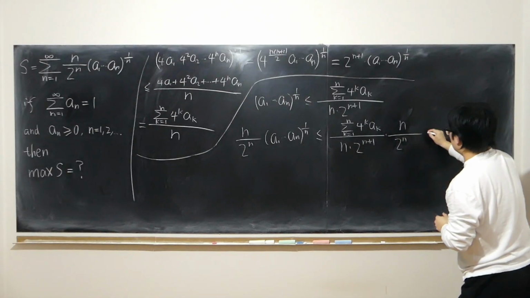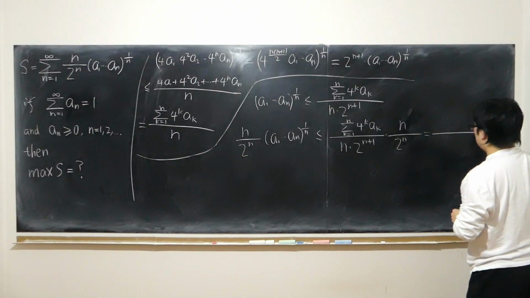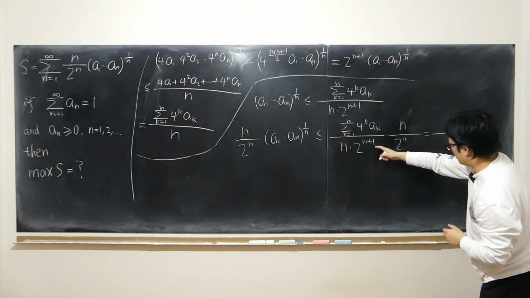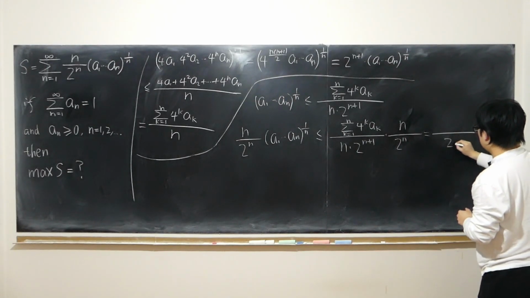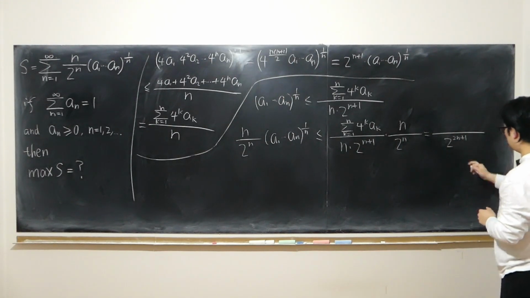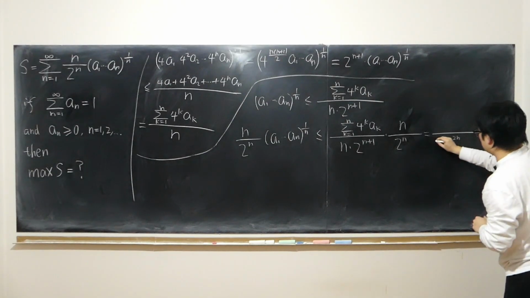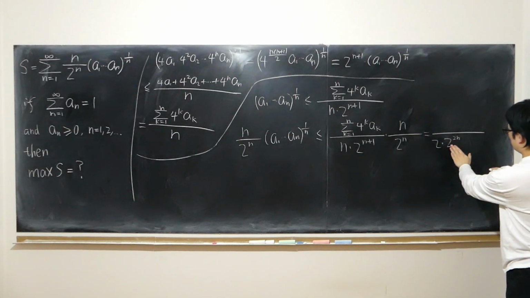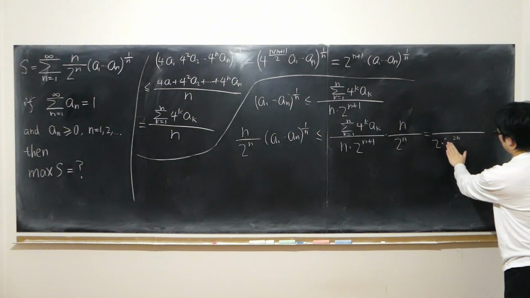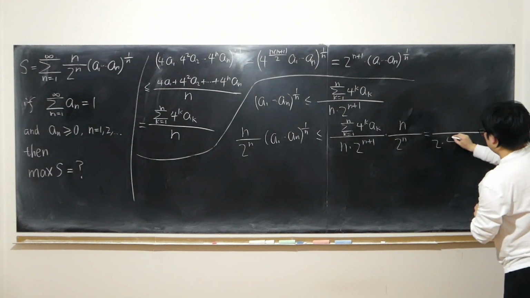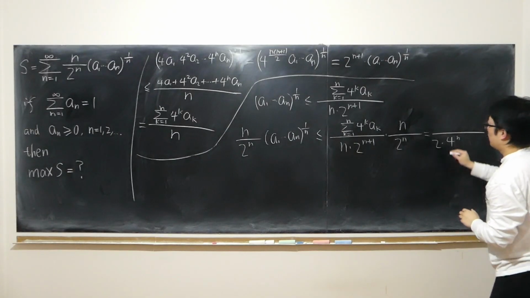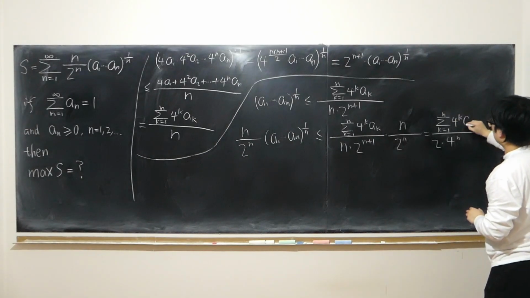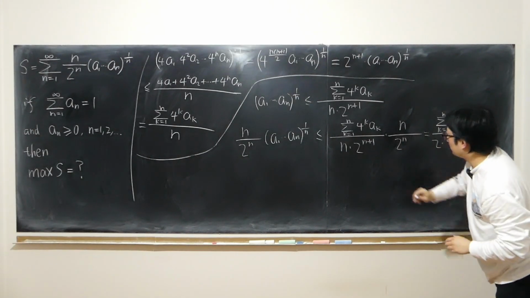So we immediately have this n cancel out, 2 to the 2n plus 1. Right? So we get rid of this one, 2 times this term. And 2 to the power of 2n, that is 4 to the power of n, is the same thing. Right, simplify down to this. On top, we still have this sum. Okay, this n, gone.